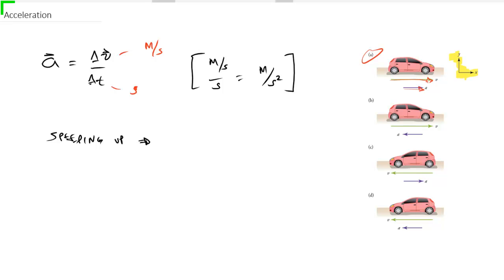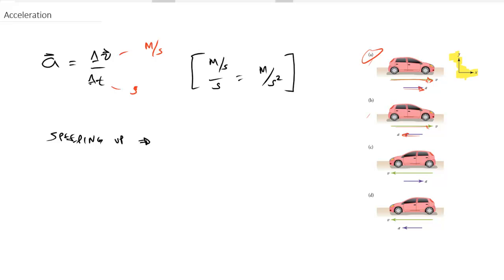In B, we have a velocity still to the right, but our acceleration is to the left. Therefore, our change in velocity is opposite of our initial velocity, and so we would say in this case it is slowing down. So maybe in case A, he's hitting the gas. In case B, he's hitting the brakes. So this would be slowing down in case B.